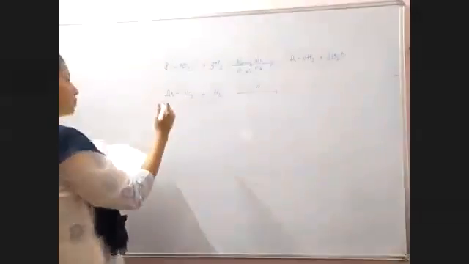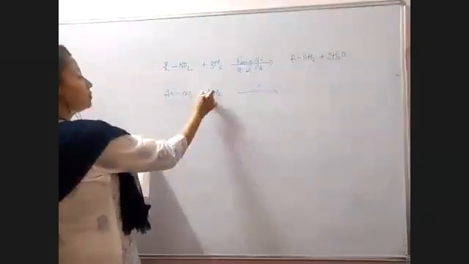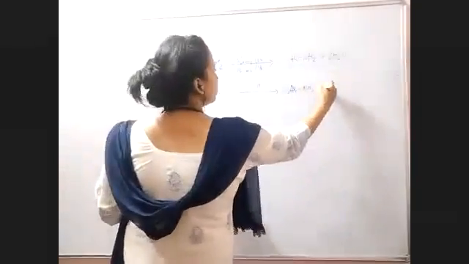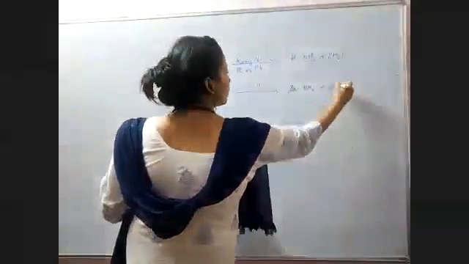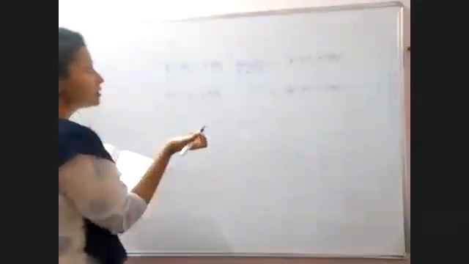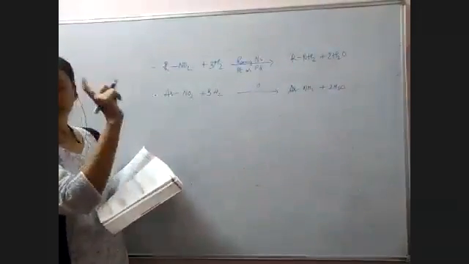So, balancing will remain same. यहाँ पे 3 बैठेगा. What will be? We will get ArNH2 plus 2H2O, right? Okay. So if this is the case, please remember nitro compounds on reduction will give you amines.